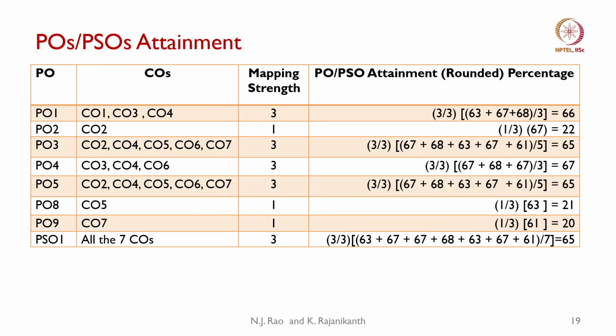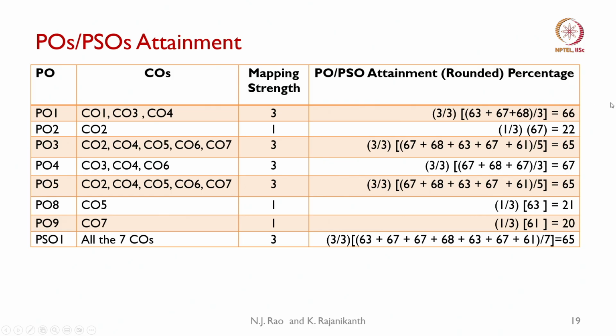And now what do we do? We take, for example, PO1, with CO1, CO3, CO4. Their attainment is 63, 67 and 68. Take the average, divide by 3, and then the actual mapping strength is 3, so you multiply it by 3 by 3.